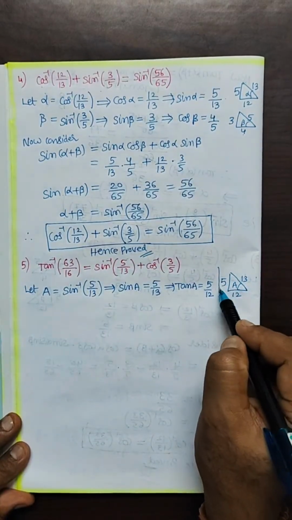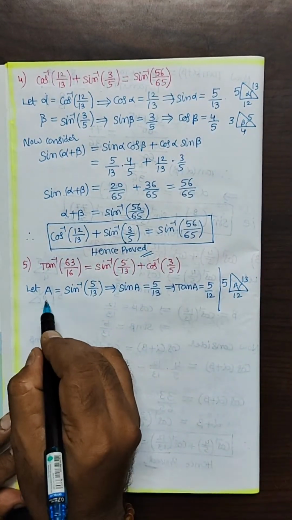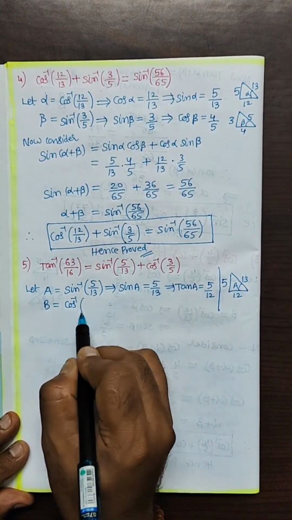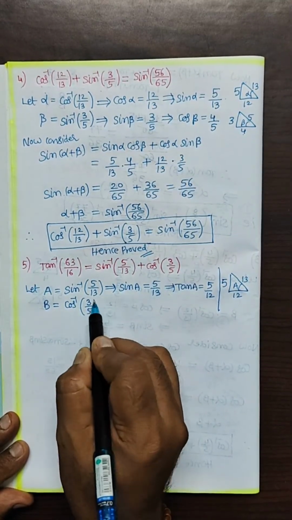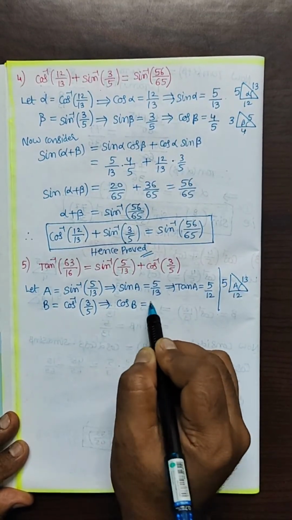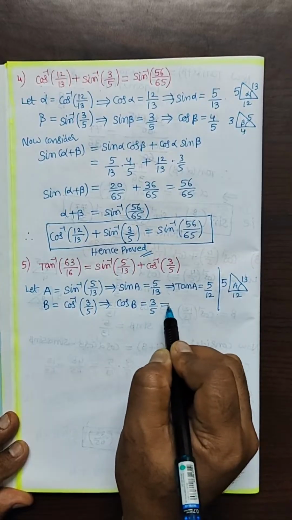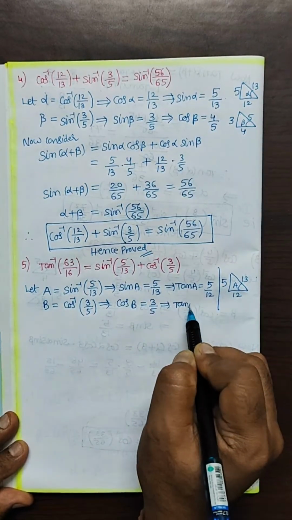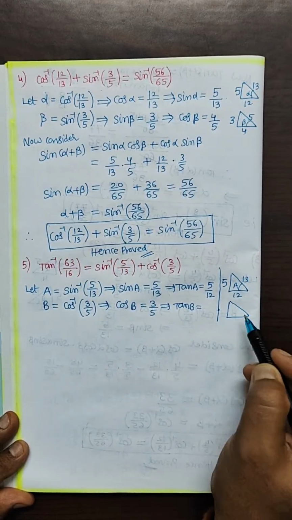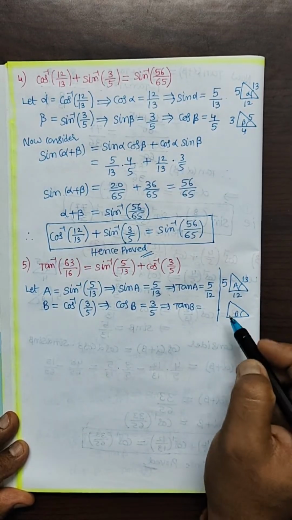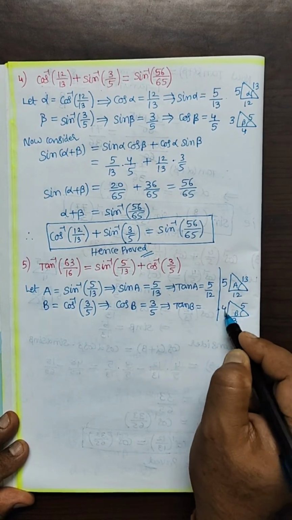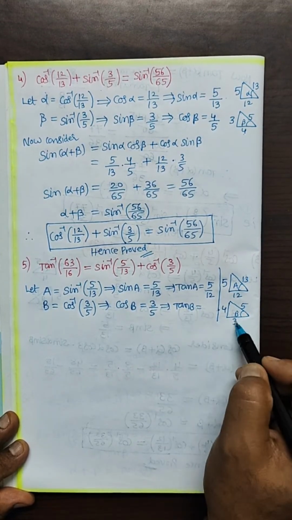Okay, dear students. Next, B is equal to cos inverse of 3 by 5. That implies cos B equal to 3 by 5. That implies tan B we can find. See how we are going to calculate. This is B angle, right angle with that. So cos definition is adjacent side by hypotenuse. So obviously here 4. So tan B is 4 by 3 now.